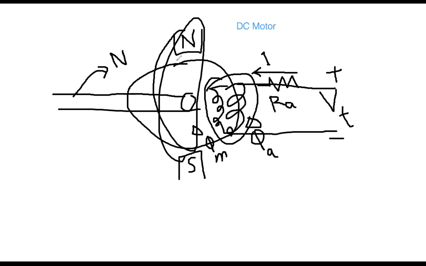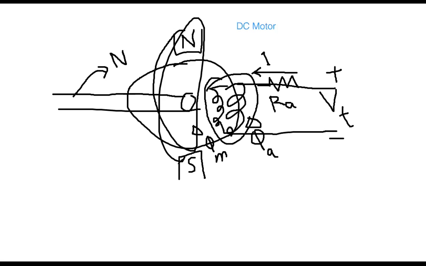Now, once the shaft has started rotating, what will happen? Because the shaft is rotating, the armature coils are moving, but the field is static; the North Pole and South Pole are fixed.